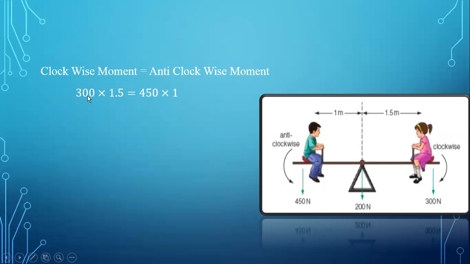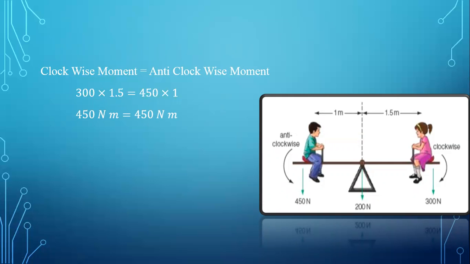So here 300 is the force and 1.5 meter is the moment arm. This product should be equal to the product of 450 into 1. Finally, 450 Newton meter becomes equal to 450 Newton meter. So this beam remains in the balanced position or equilibrium position.